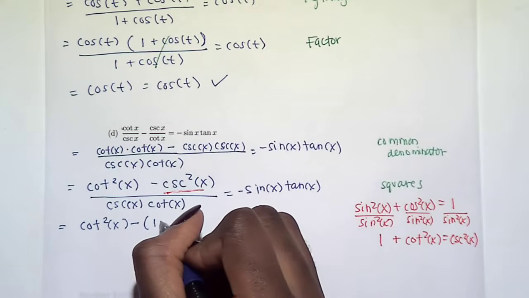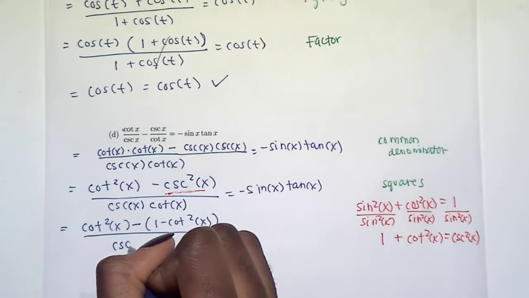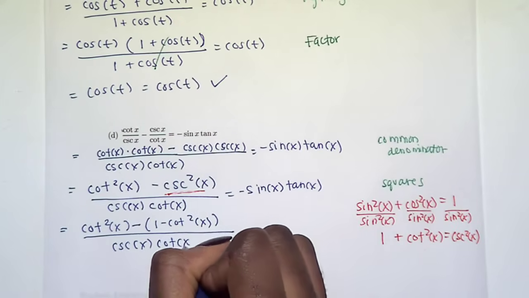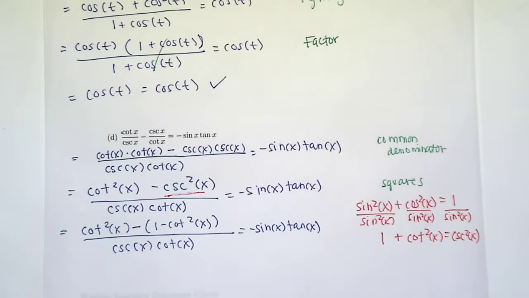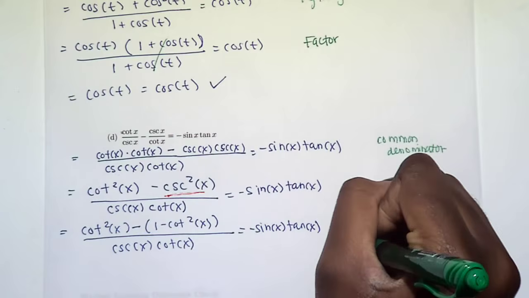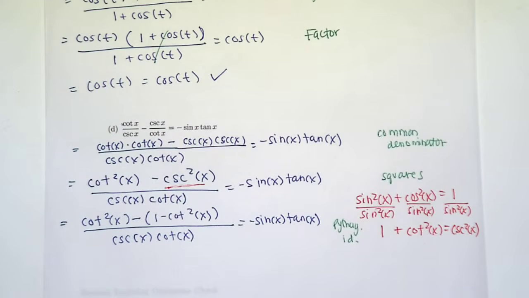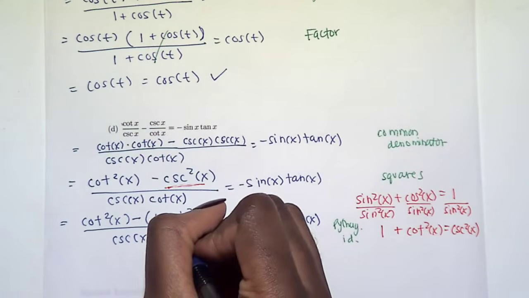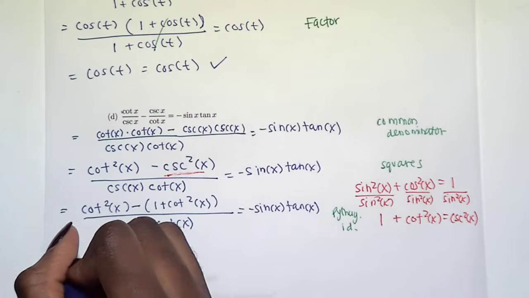Minus, all right, and so this was a Pythagorean identity that I used here. All right, let's go ahead and distribute that negative because I imagine that could help us out. Oh, sorry, this is a plus. 1 plus cotangent squared. So distributing that negative will be very helpful.